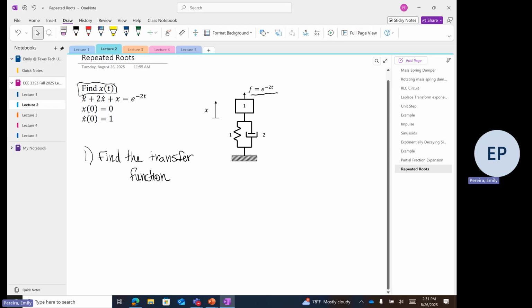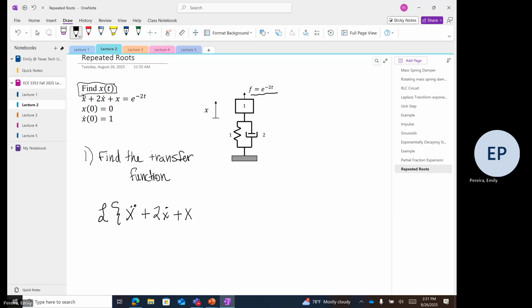So let's start by taking the Laplace transform of, excuse me, our differential equation. By the way, this double dot means the second derivative, and this single dot means the first derivative.